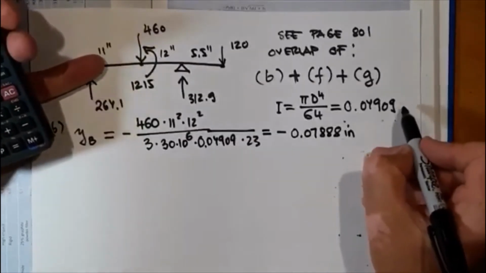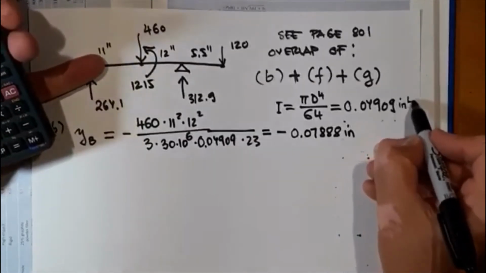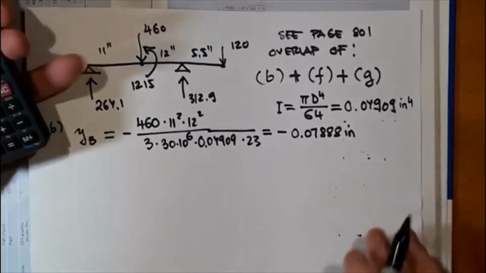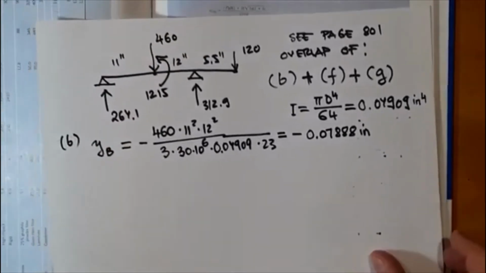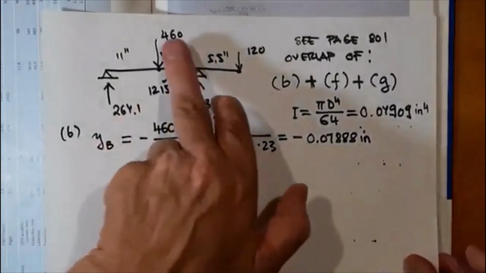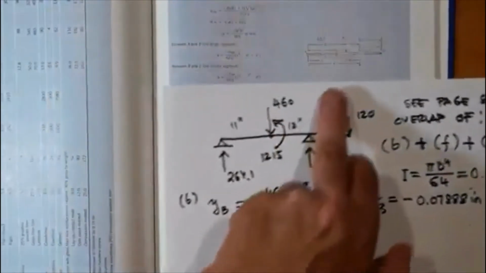And again, these were inches to the power 4. So that was the deflection at B caused just by the 460 pound force.